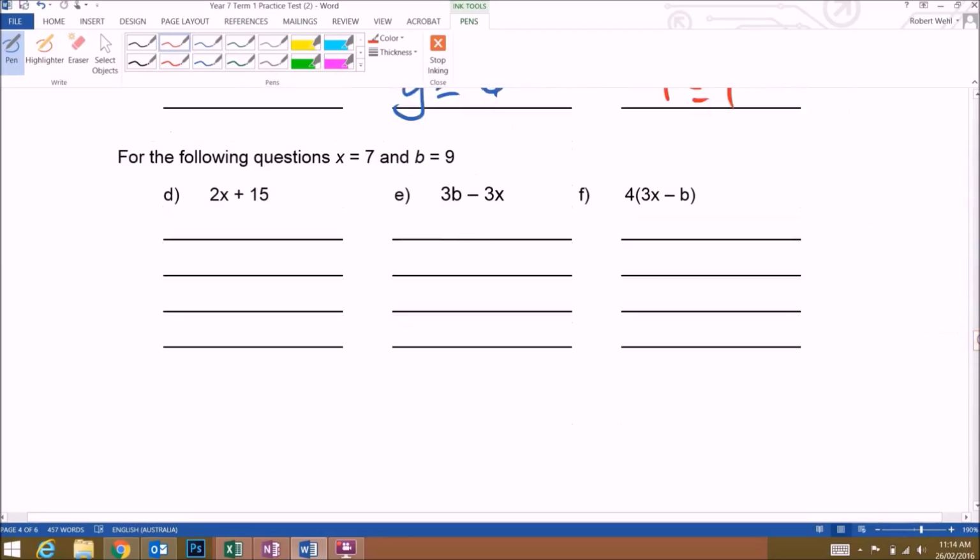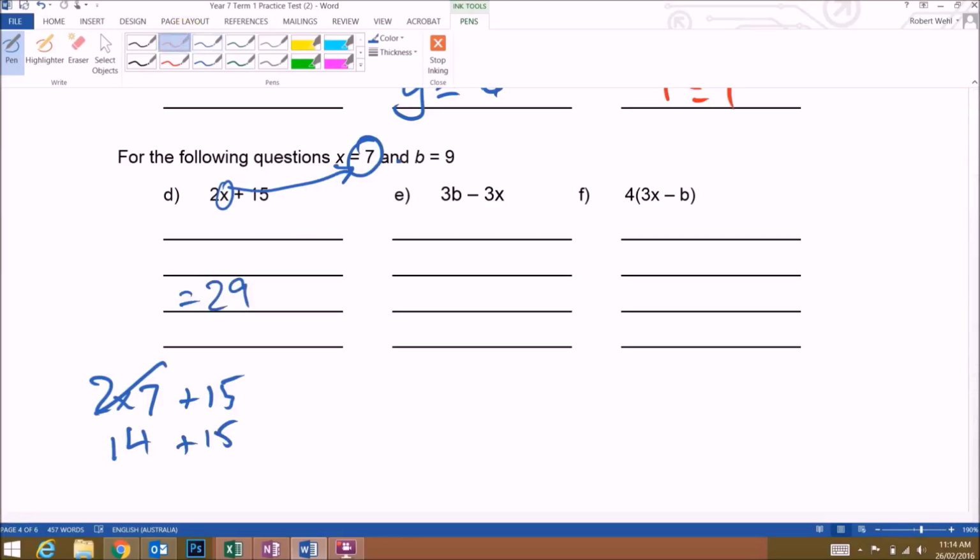Alright, down the bottom here, these last 3, we're substituting. So, when we see an X, we replace it with its value, which in this instance is 7. So, 2 times 7 plus 15. Okay, we do the 2 times 7 first, which is 14, plus 15, we're going to equal 29. For the next one, let's rewrite this again.